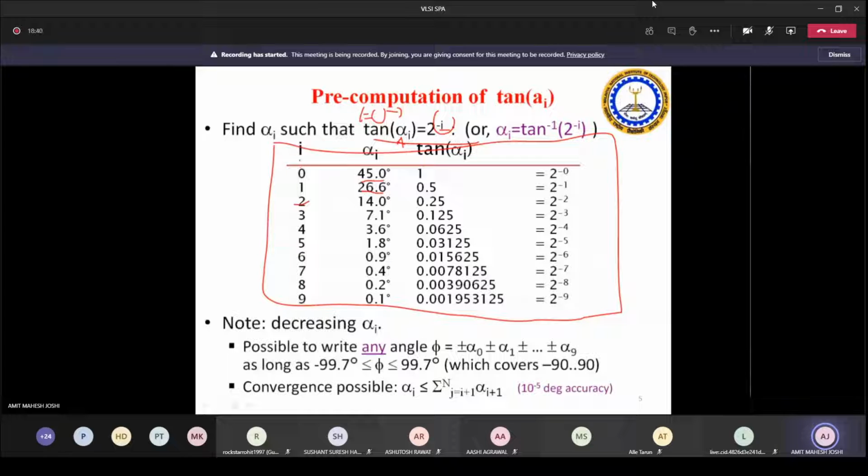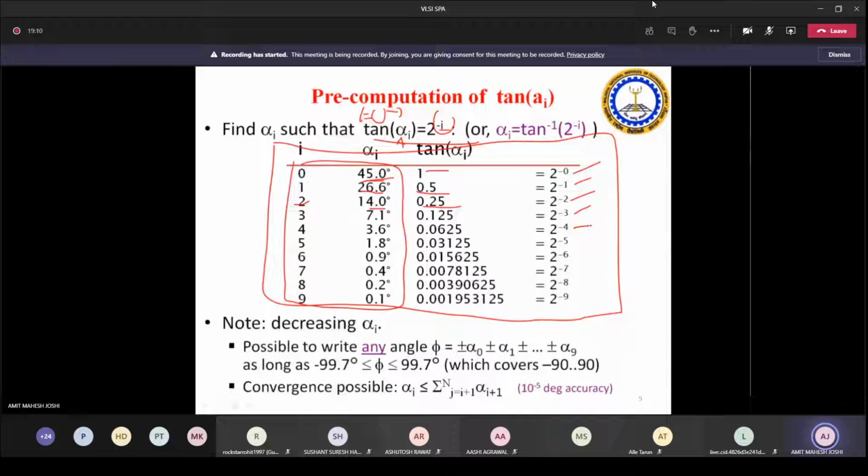I have put this as a standard table. So for tan alpha equal to 1, alpha is 45; for 0.5, it is 26.6; similarly 0.25, which is 2 raised to minus 0, 2 raised to minus 1, 2 raised to minus 2, 2 raised to minus 3, 2 raised to minus 4, like that.